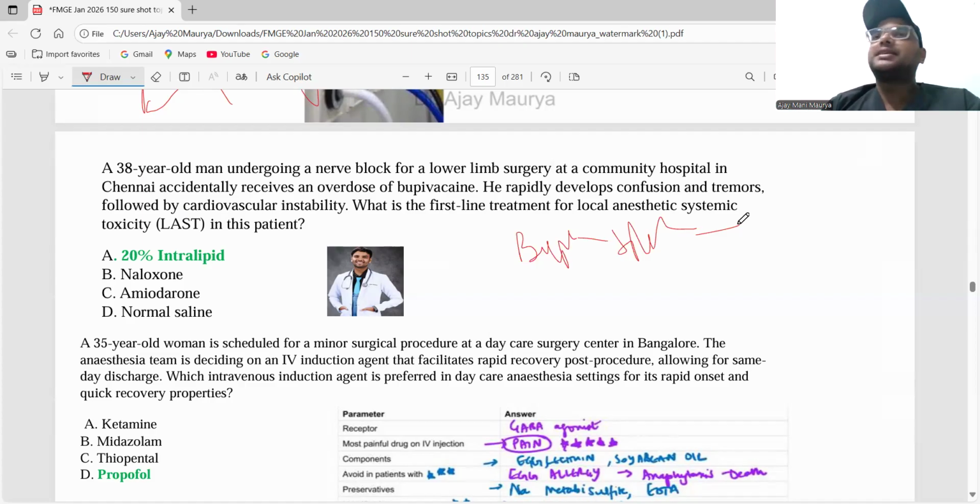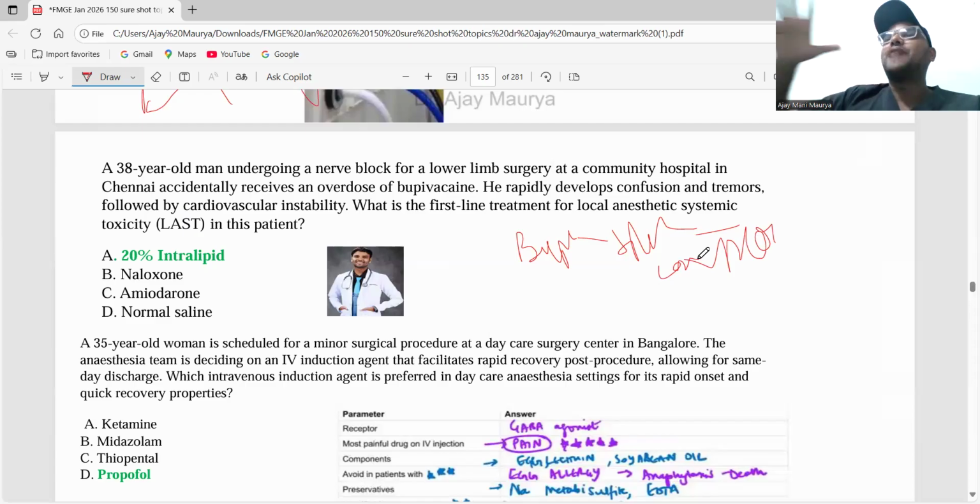Bupivacaine is the most toxic, the most cardiotoxic drug. What happens if they accidentally give it into the artery?